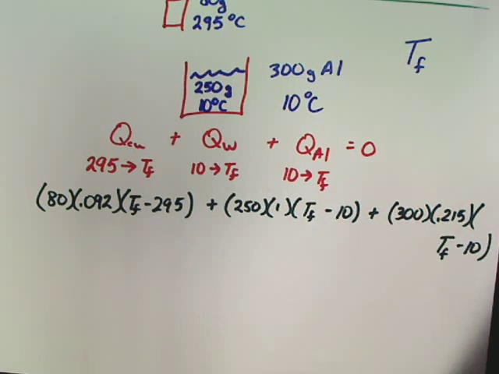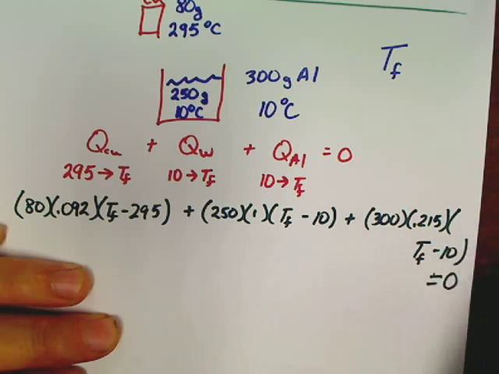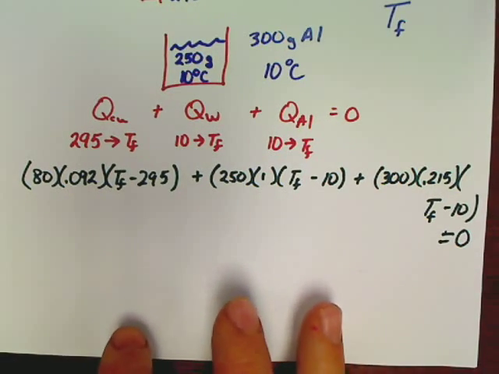Temperature final minus temperature initial. Everything would be set equal to 0 in this problem.